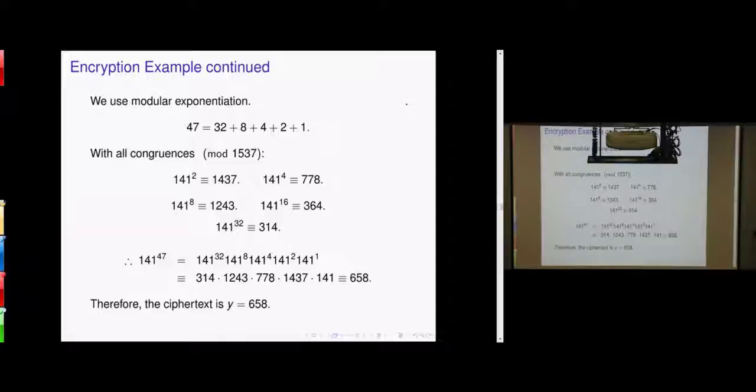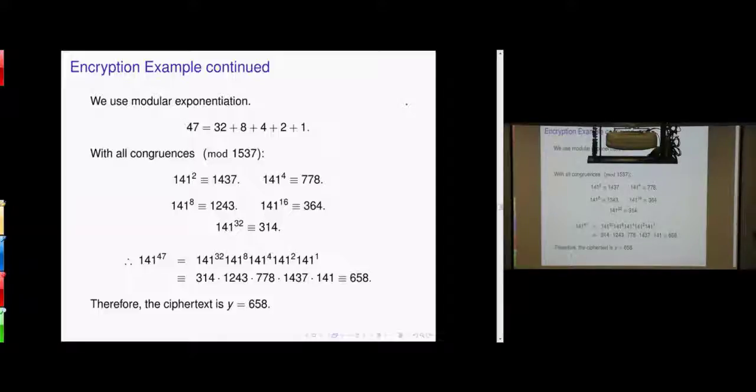Each time you calculate, you get 141 to the power of 2^k is congruent to something. Therefore, 141 to the power of 47 is a product of these. Now you just calculate the remainders, multiply them, and do some calculation. In the end, it's this number, 658. Please check, I don't have any confidence in these. I took it from a book.